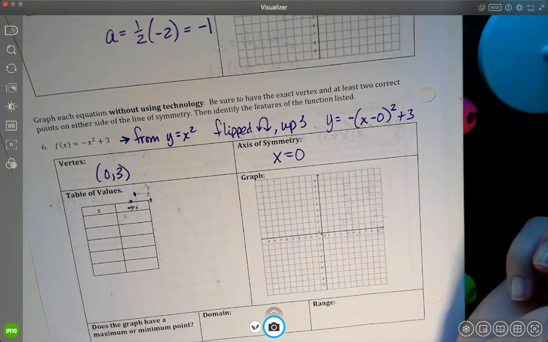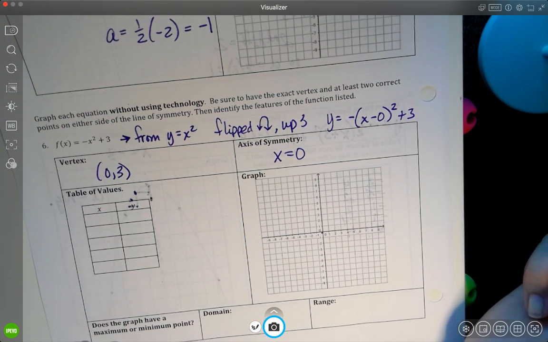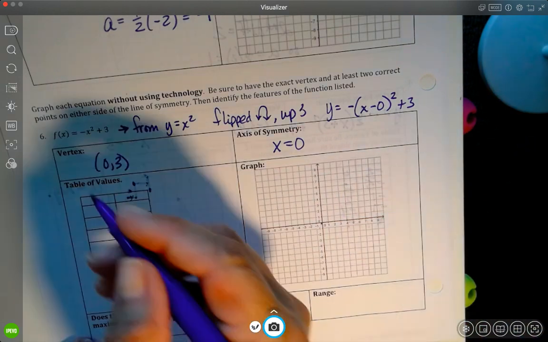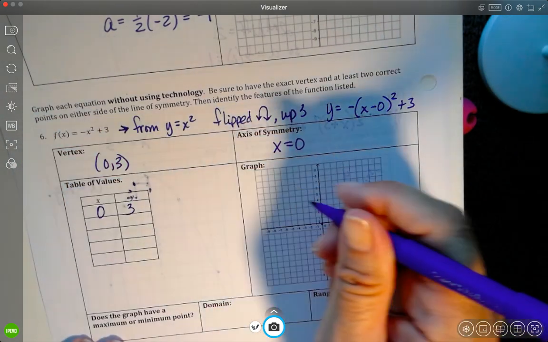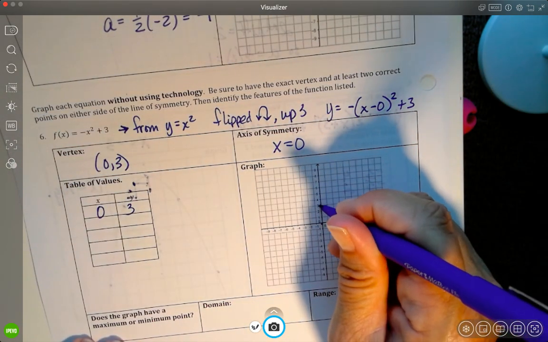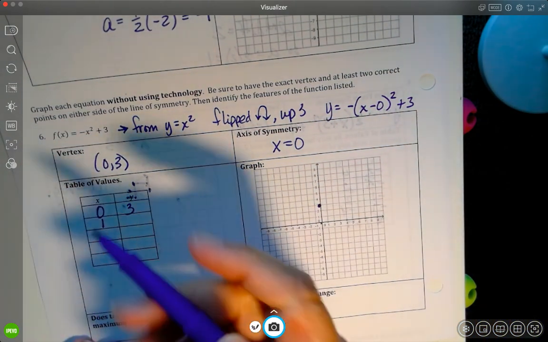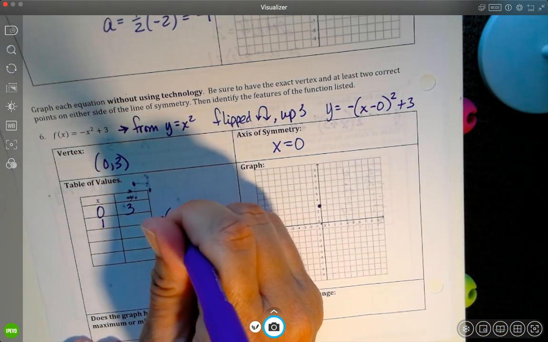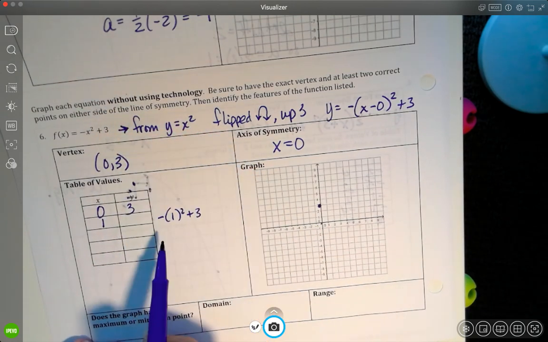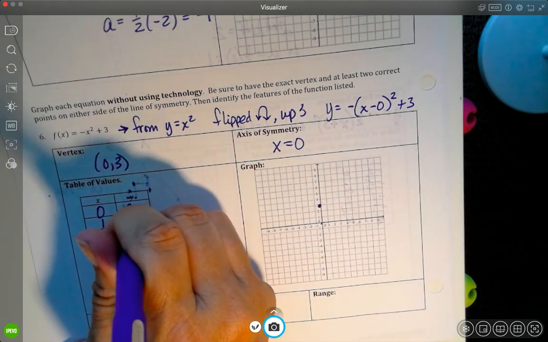And you can find some points. So I would start with 0, 3. Got that. And then maybe choose 1 to plug in. So -1 squared plus 3. So -1 plus 3 is 2. So 1, 2.